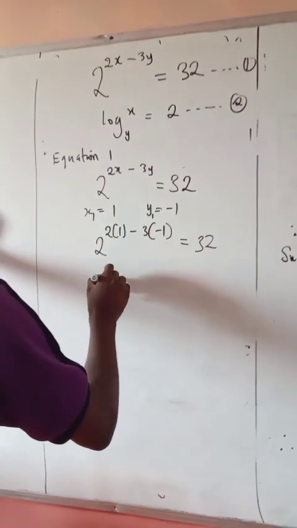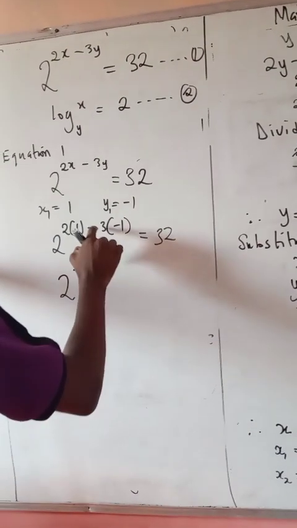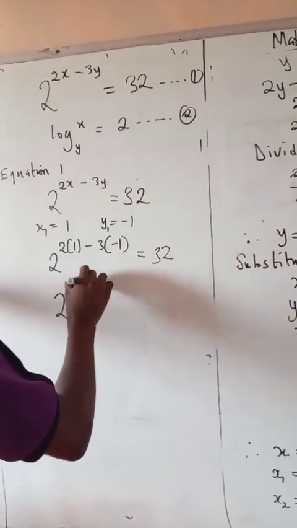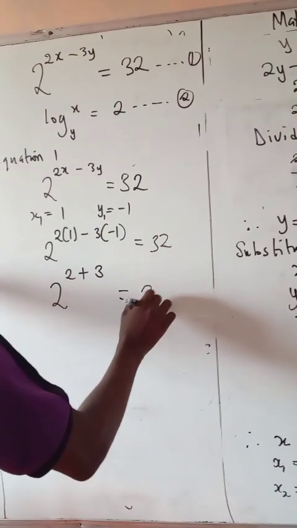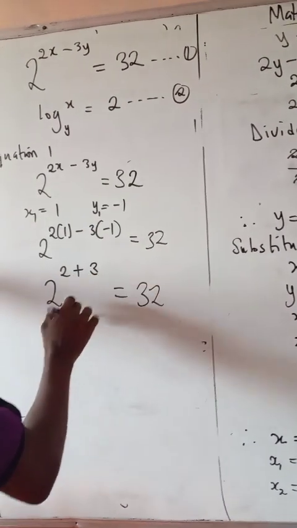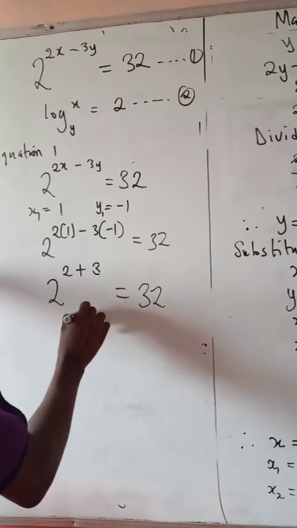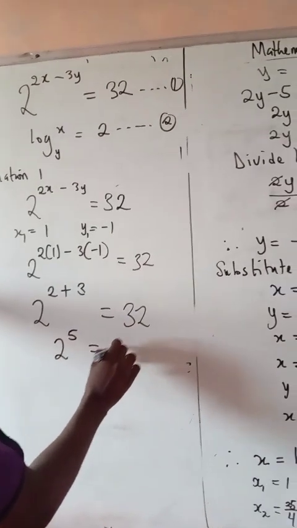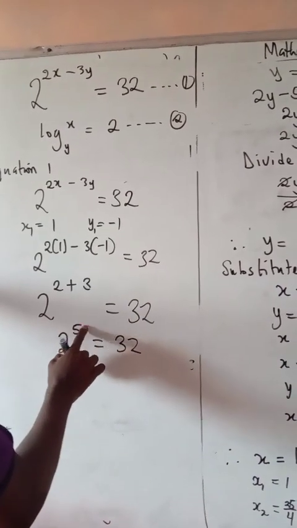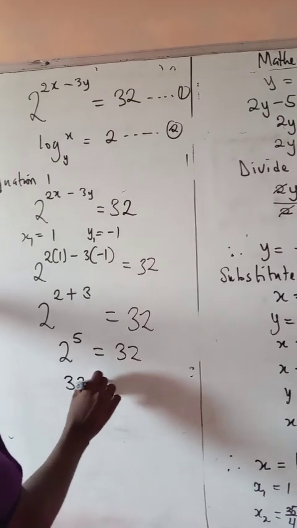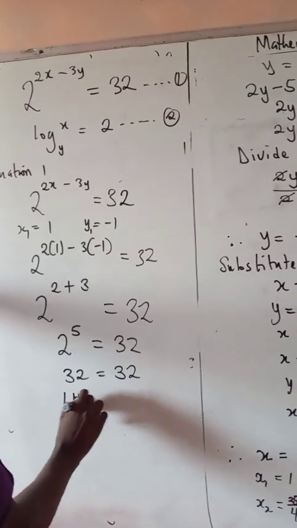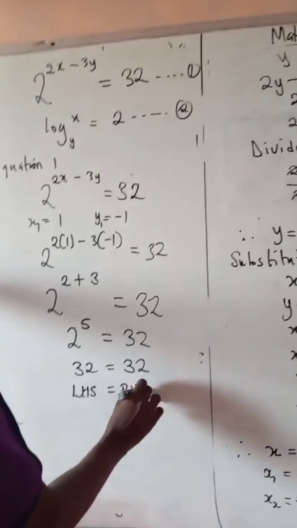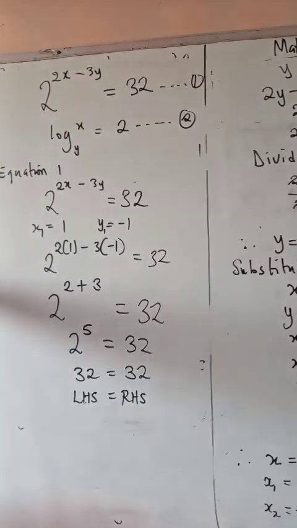So 2 times 1 is 2, negative times negative is positive, 3 times 1 is 3. 2 plus 3 is 5. 2 to the power of 5 is 32. So 32 is equal to 32, which means that what is on the left hand side is equal to what is on the right hand side.